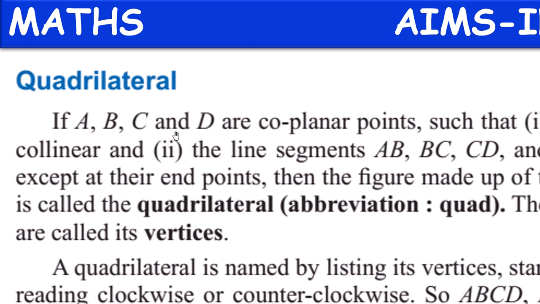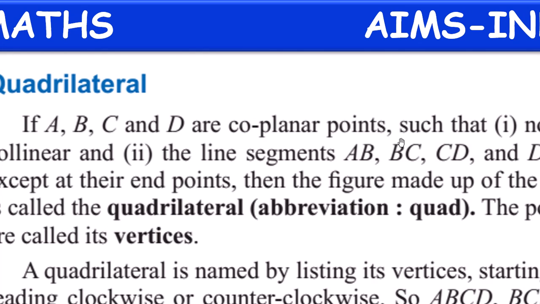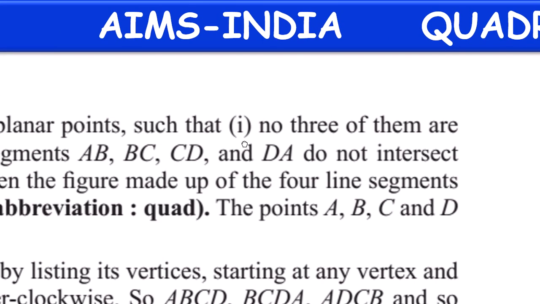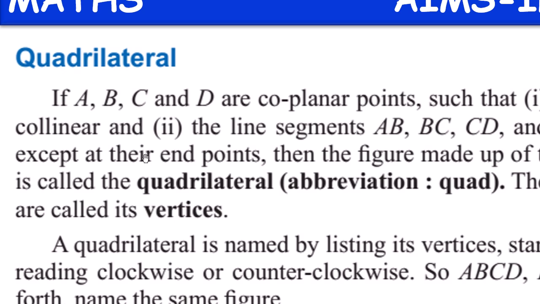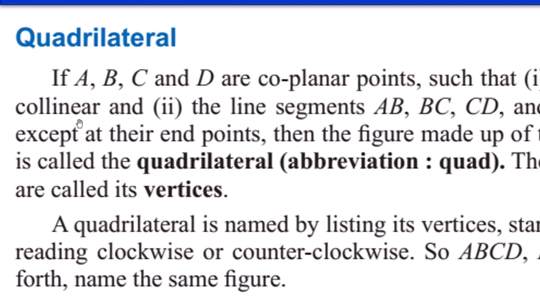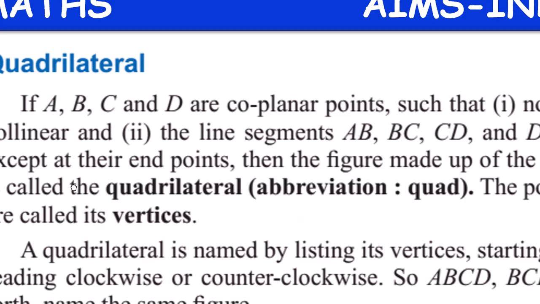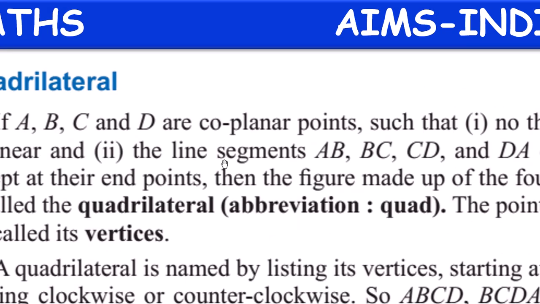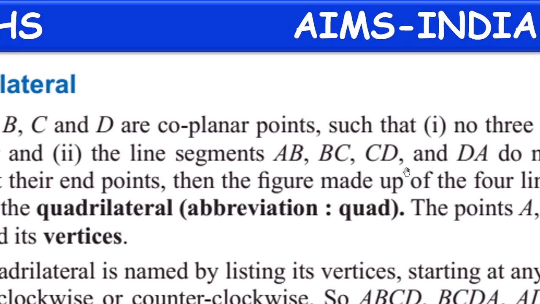So if A, B, C, D are coplanar points such that first condition, no three of them are collinear, means no three of them should lie in the same line. That is first condition. Second condition, the line segments AB, BC, CD, DA, because with the help of 4 points we can form 4 line segments.